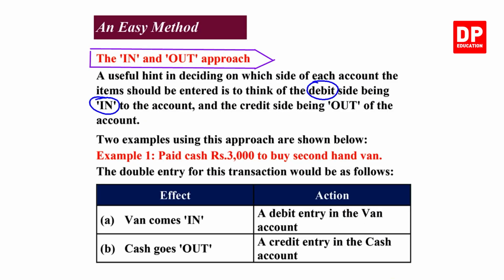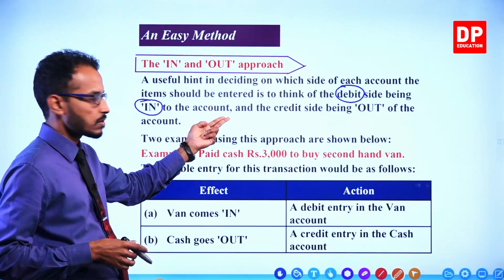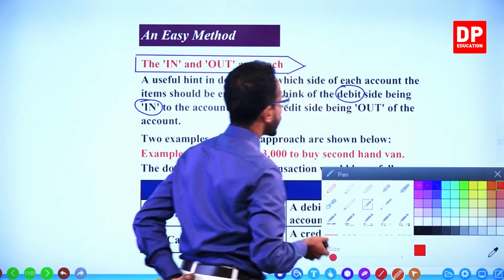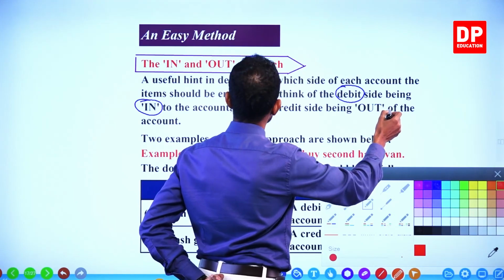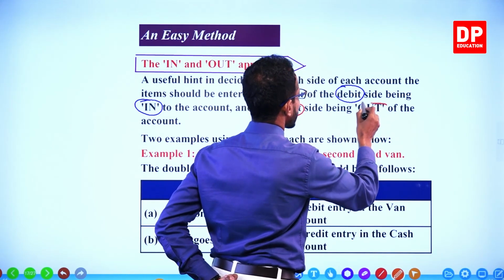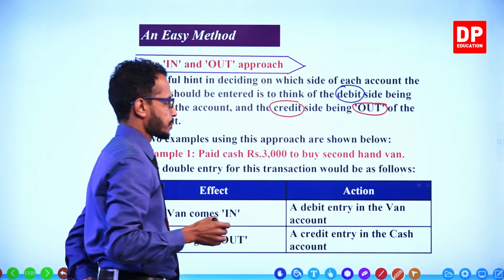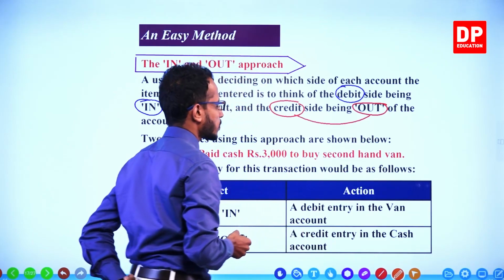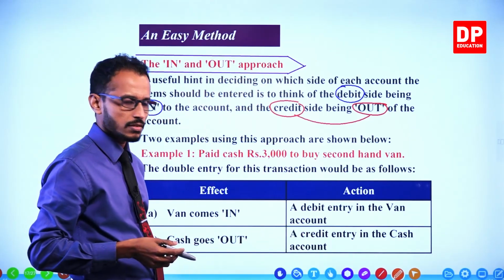Debit side being the in, and the credit side being out. Credit is the out. Fine, that seems easy.